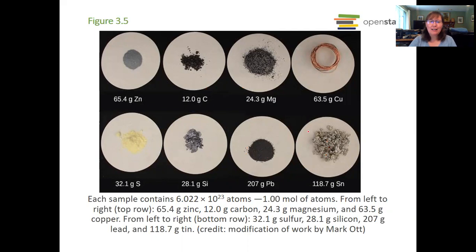And I don't have one here, but if you were to go over to your sink and look for 18 milliliters, which is about 18 grams of water, sorry, I was thinking about carbon. 18 milliliters of water is also about 1 mole, or 6.02 times 10 to the 23rd water molecules.